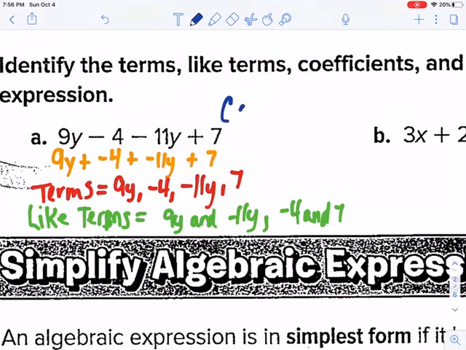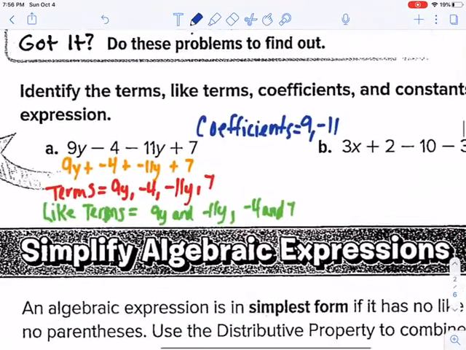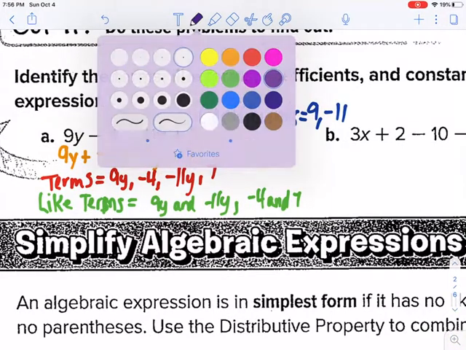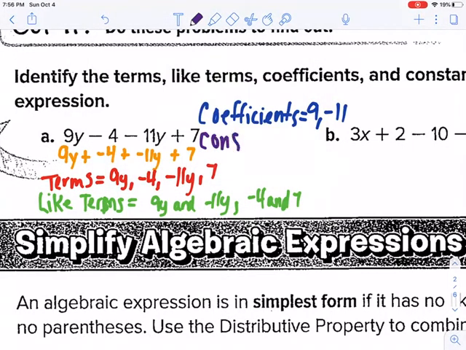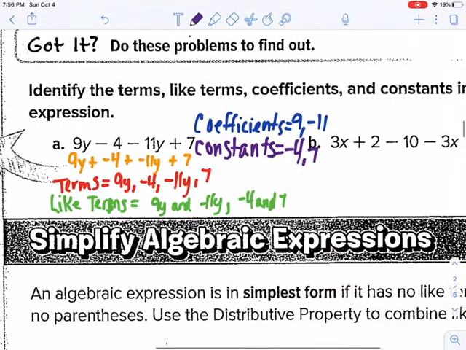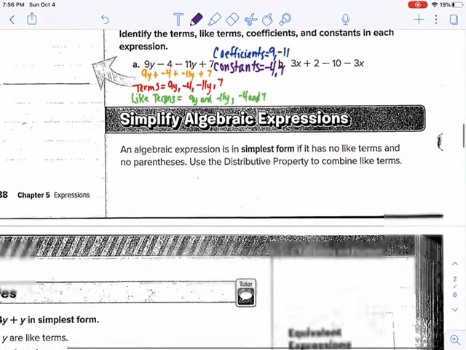Coefficients, remember from last lesson, are the numbers attached to your variables. So you've got a 9 and a negative 11. And constants are your numbers that stand by themselves. We had a negative 4 and a 7. So when it says identify, you have to list all of those out.